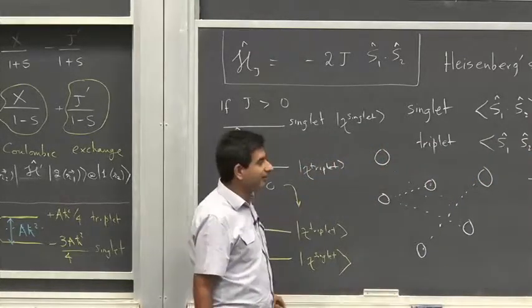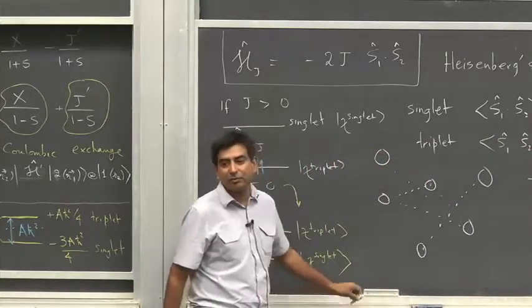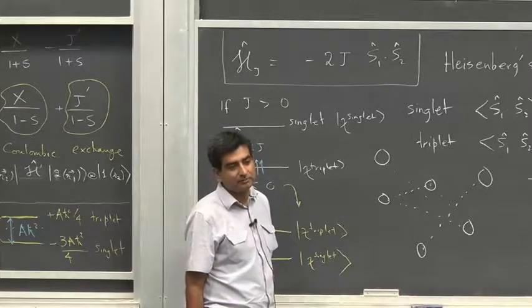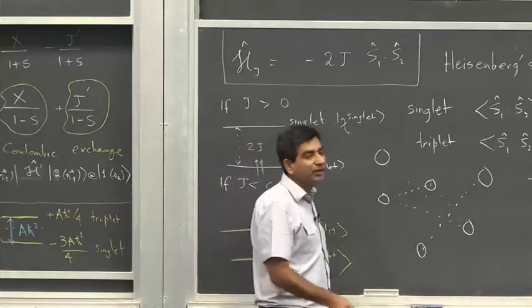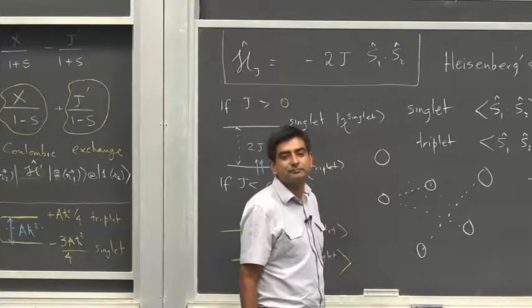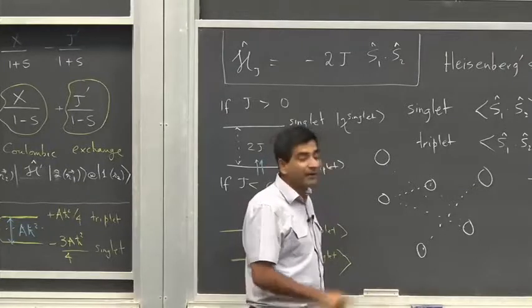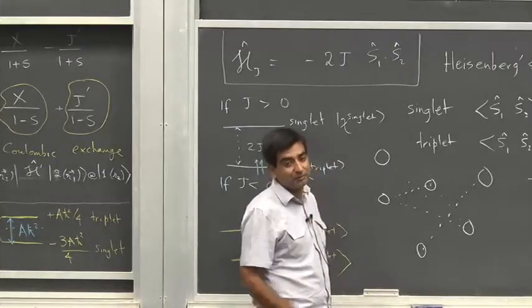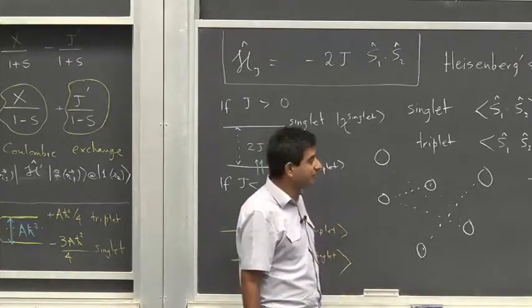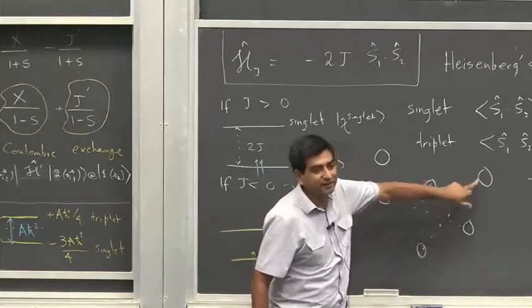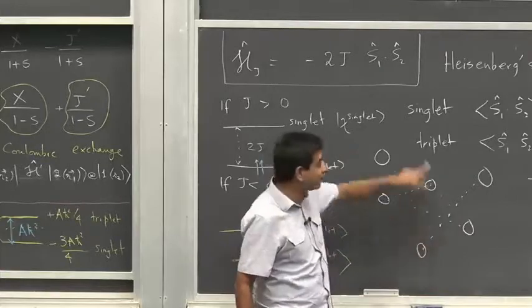Okay? i less than j, which means that i cannot be equal to j, because then you're double counting. Okay, so i is not equal to j, otherwise you'll be double counting, or you'll have to do the 1/2 correction if you're doing it in that fashion. So these are all, remember, two body interactions, and there could be many of them.